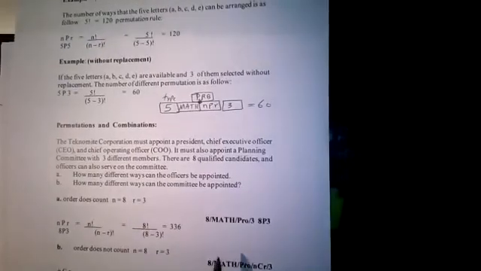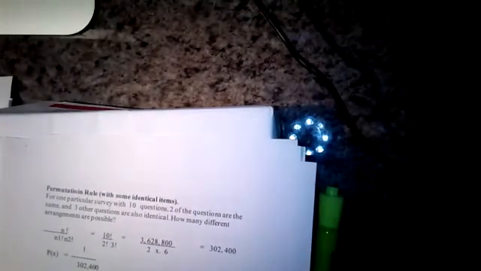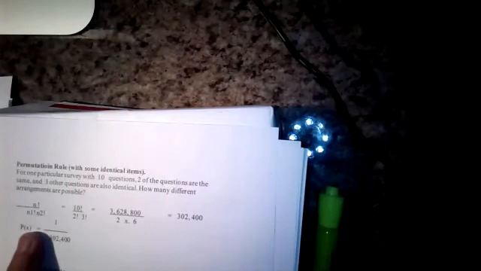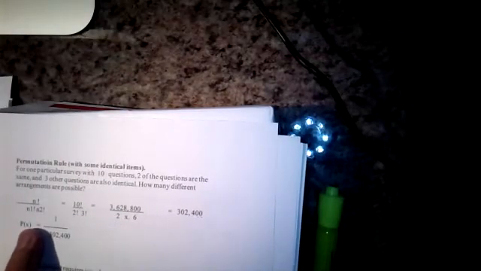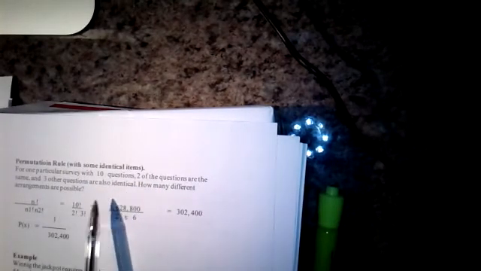I have this one, showing how to use the calculator for that. And this is an example of this formula. When you have 10 questions here, 2 of them are the same and 3 are identical, the formula is different now.